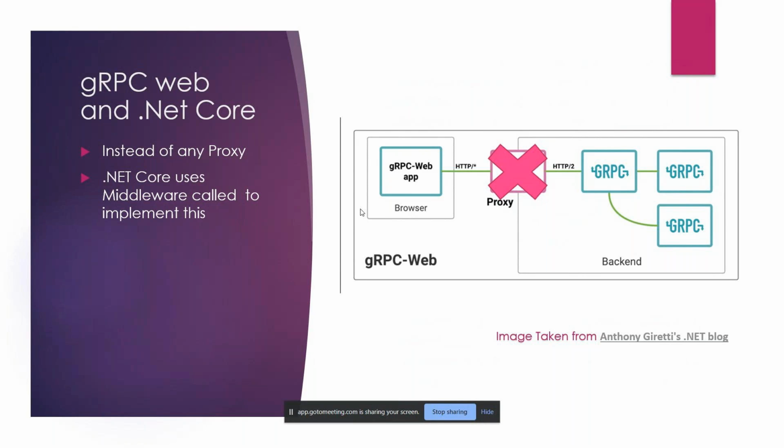I'll tell you how to check that, or how to implement that. Instead of any proxy, we use a built-in middleware which the .NET Core team has provided us for grpc web.